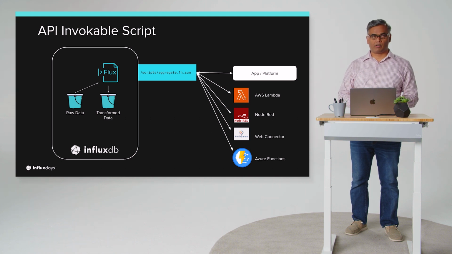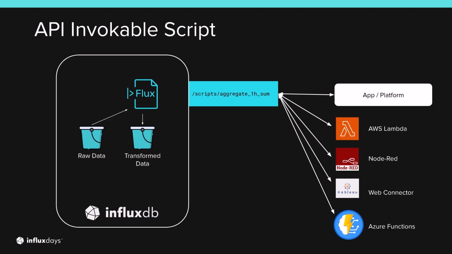The other thing about invokable scripts is that they are invokable remotely. They come with an API endpoint, and that API endpoint allows you to call from perhaps AWS Lambda or Node-RED or some other external system. So you can really see the power of this: you can remotely invoke a particular script, and perhaps activate certain logic that you may want to trigger from outside.